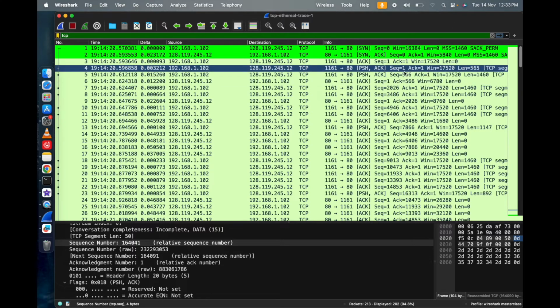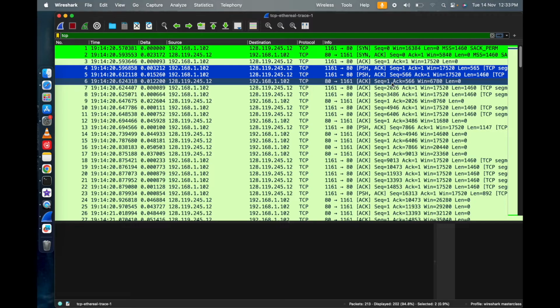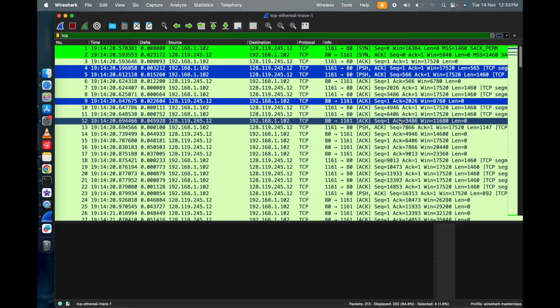Let's consider this as the first, because the sequence is mentioned as 1. The send time for it is 0.02. This is the first one, the second is over here, the third is this, and the fourth is this.